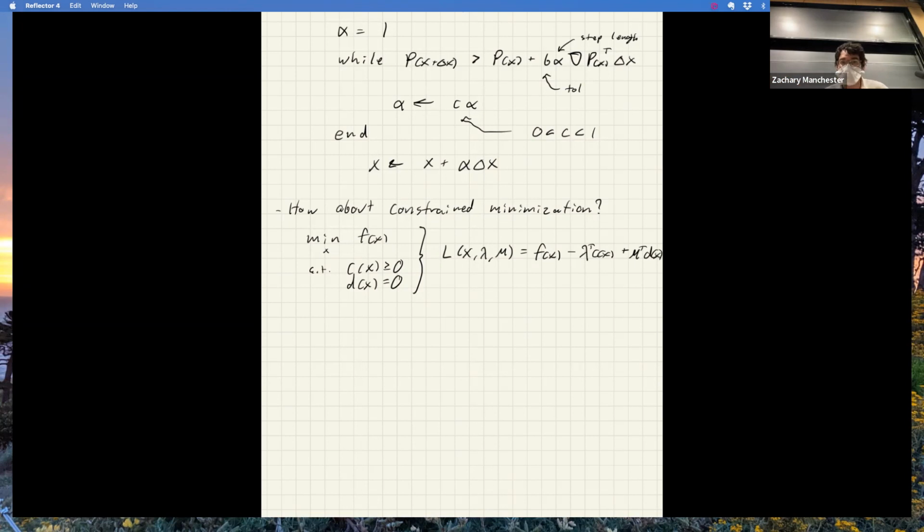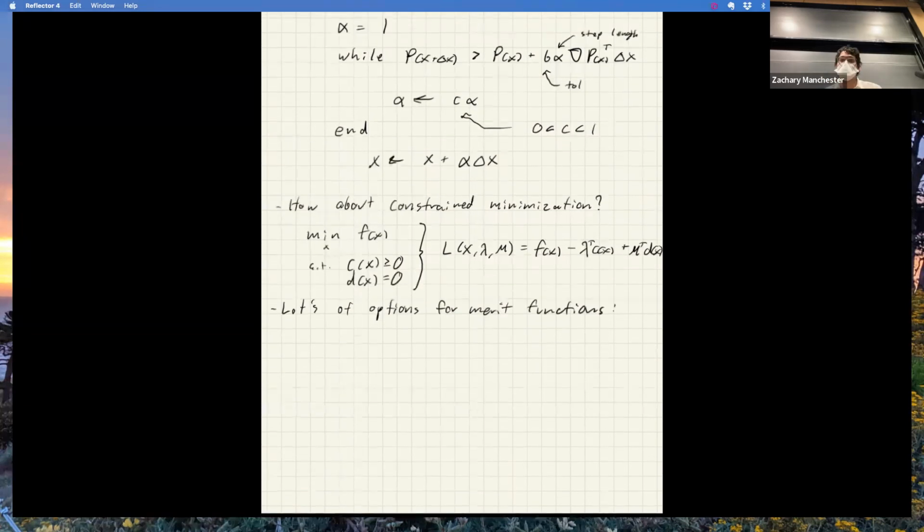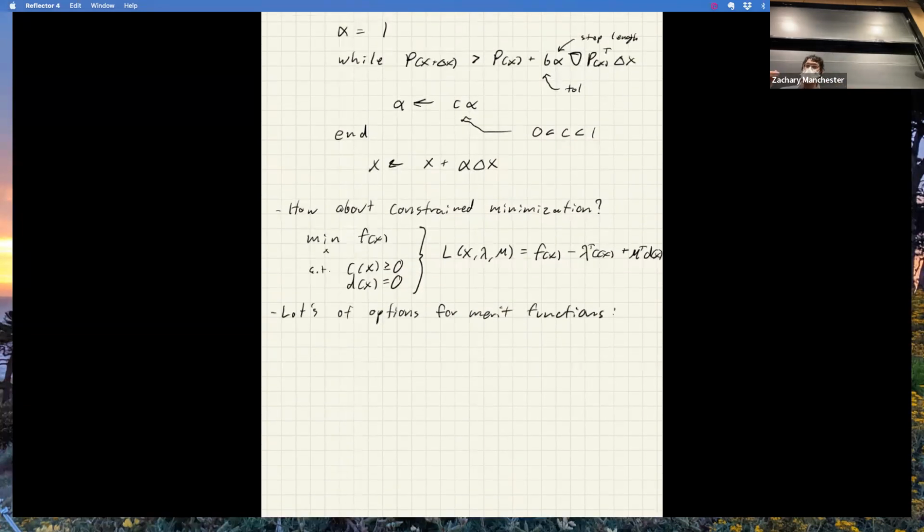Okay, so now there's lots of options. Here are some options. We can do the same stuff we just said for root finding, where we can do it on the KKT residual. So we can just treat it like a root finding problem on the KKT conditions.